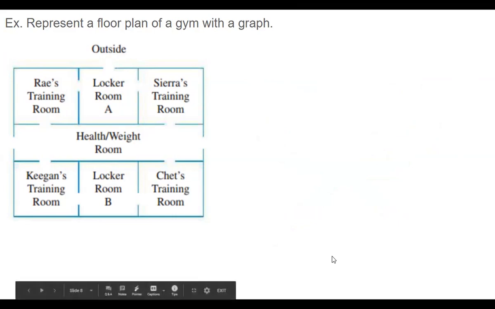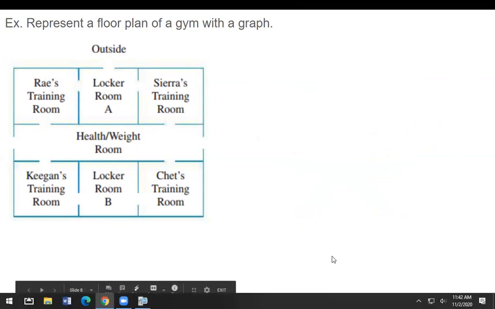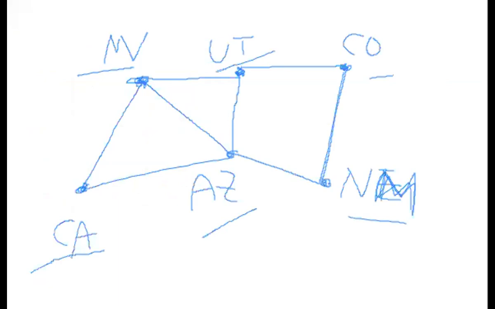Let's try it together. Okay, so let's see. We have outside. We have Ray's room. We have locker room A. These are the vertices, okay?